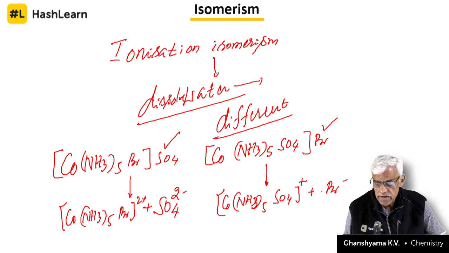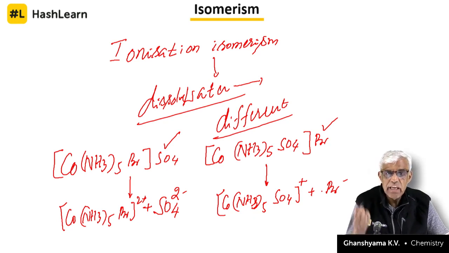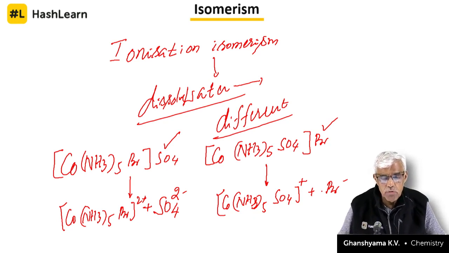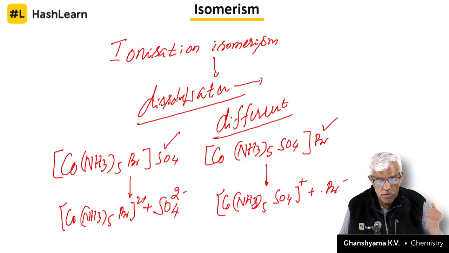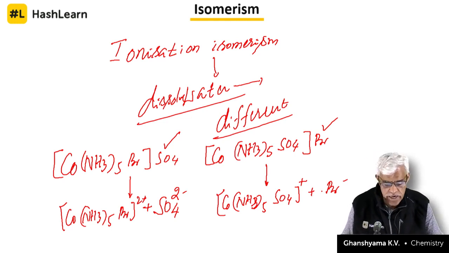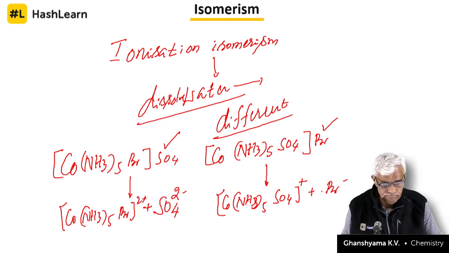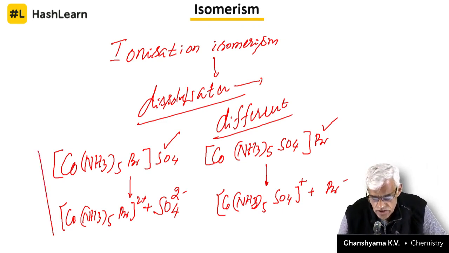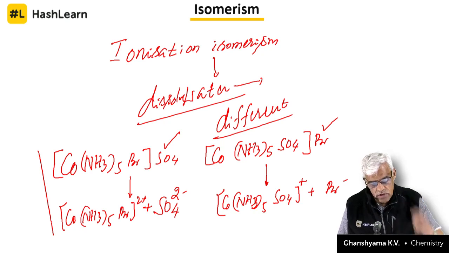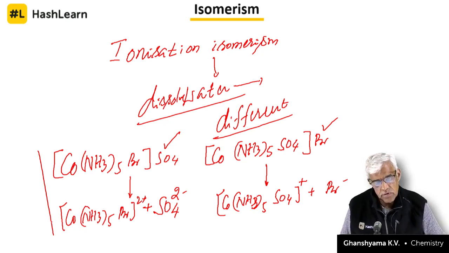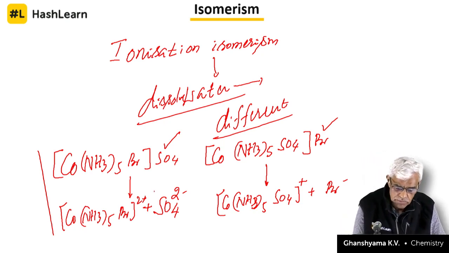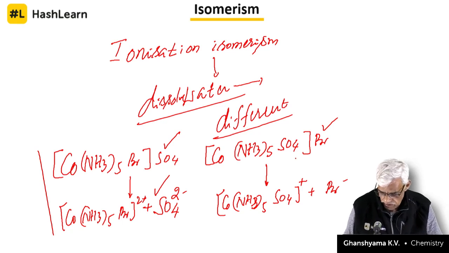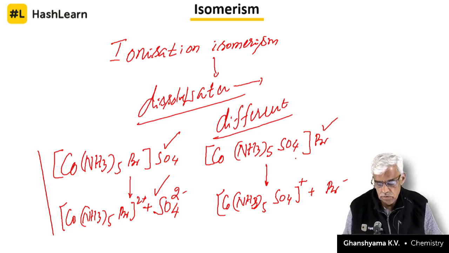Add silver nitrate solution, you get a pale yellow precipitate of silver bromide, which is sparingly soluble in ammonium hydroxide. Thus, this is an example for ionization isomerism. You can confirm it by adding barium chloride to the first one and silver nitrate to the second one.